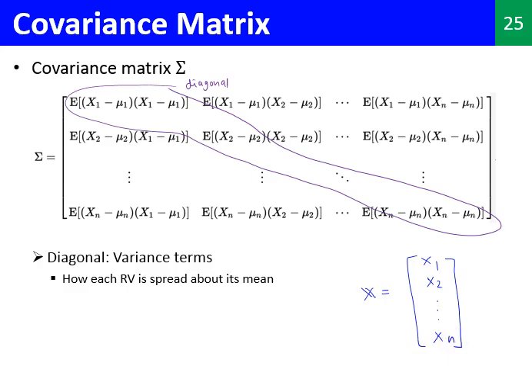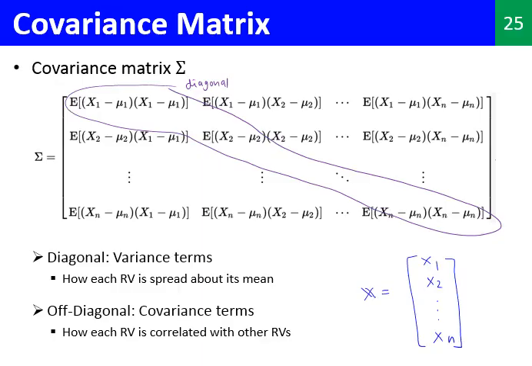All right. Next we'll move on to the off-diagonal terms. So what can you say about these off-diagonal terms? If you carefully look at it, you will realize those are the covariance terms, right? Now in particular, if you take this guy, it's the covariance between x1 and x2. So that tells the relationship or the correlation between these two random variables.